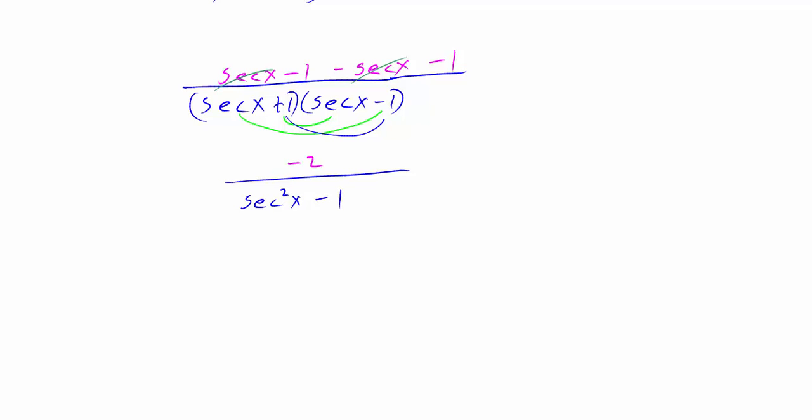And again, this is where you should get in the habit. You start seeing a trig function squared with a 1. Does this look like one of our Pythagorean identities? And if we look closely, we have one that contains secant squared, and that is 1 plus tangent squared x equals secant squared x.